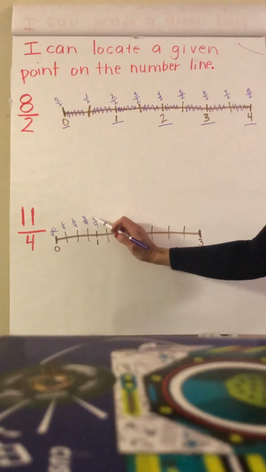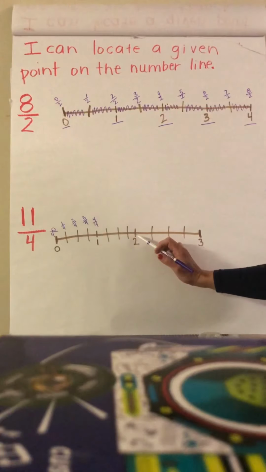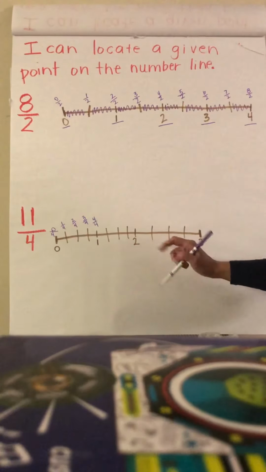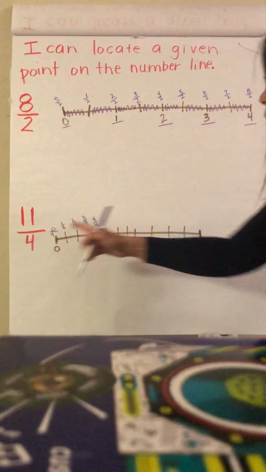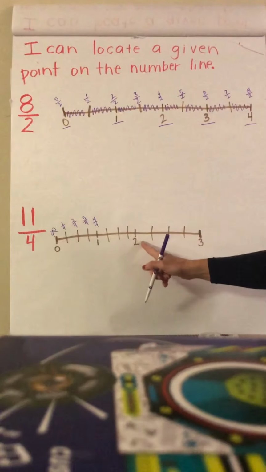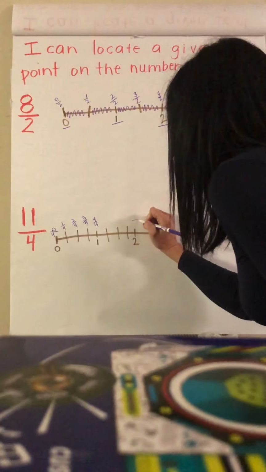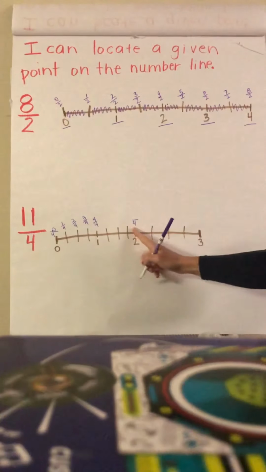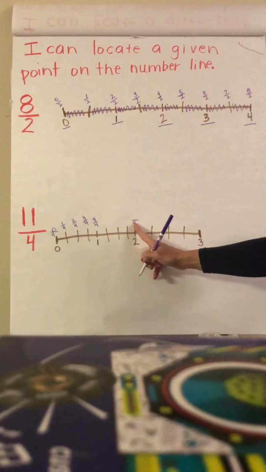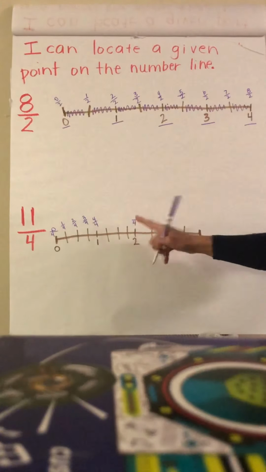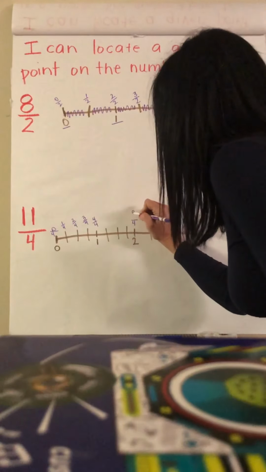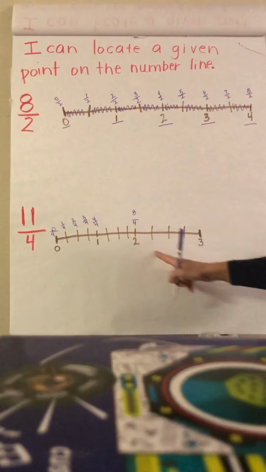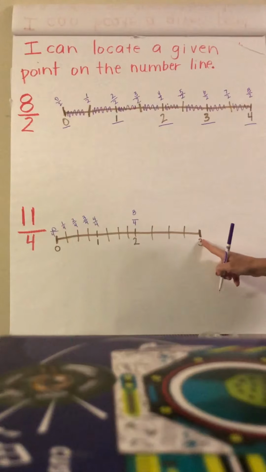Okay, so I'm going to skip over to this 2 because I can ask myself, 2 times 4 would place what fraction here? And I know that my number line is broken into fourths, so of course my denominator is not going to change. So 2 times 4 is 8. Okay, again, moving on to this 3.